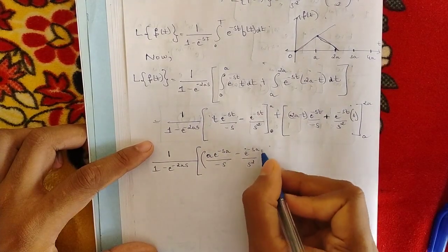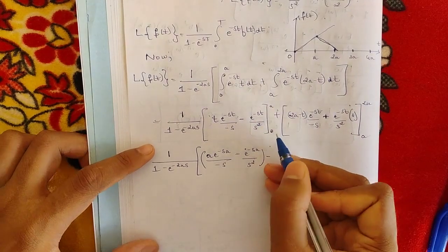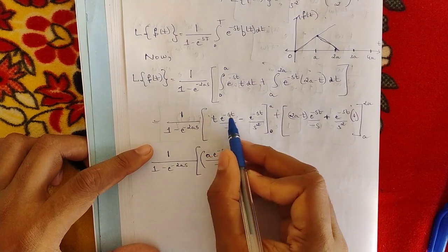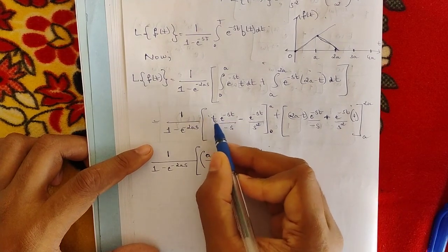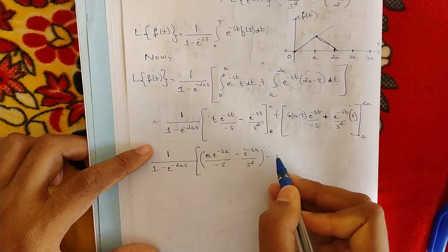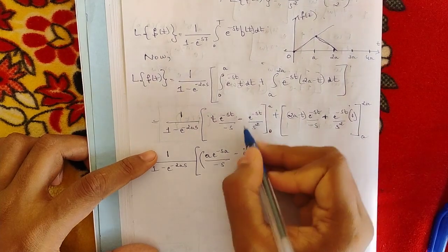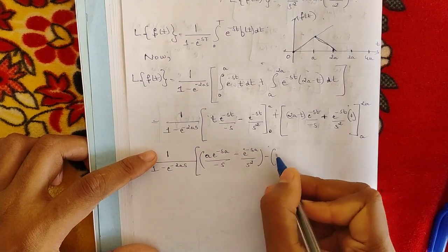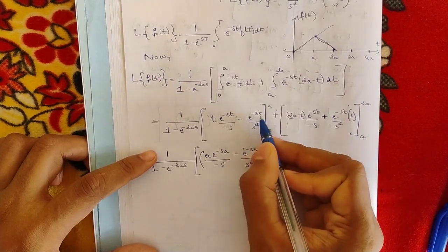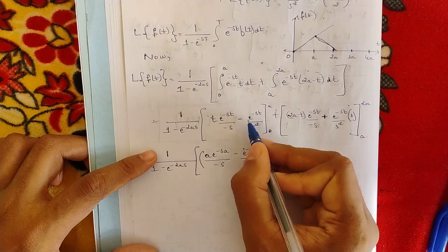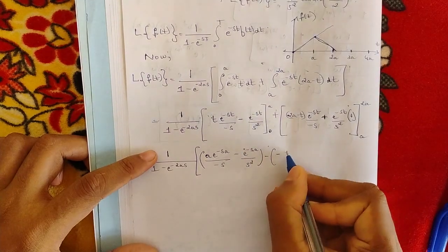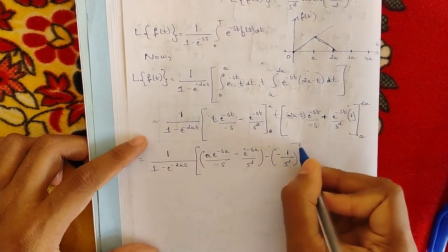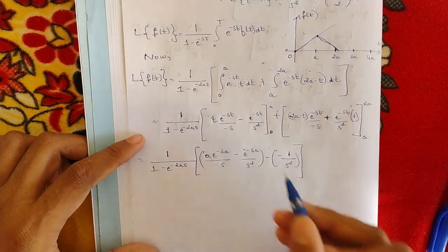So this is the upper limit, minus the lower limit, which is 0 into e to the power 0 divided by minus s. We are multiplying it with 0, so the first term goes. For the second term, consider this term only: minus e to the power minus st, that is minus s into 0. So e to the power 0 we are left with in the numerator, that is equal to 1 divided by s square. So this is for the first part, where we have applied upper limit minus lower limit.